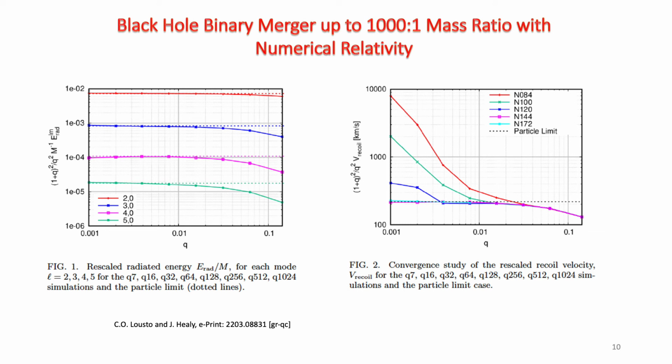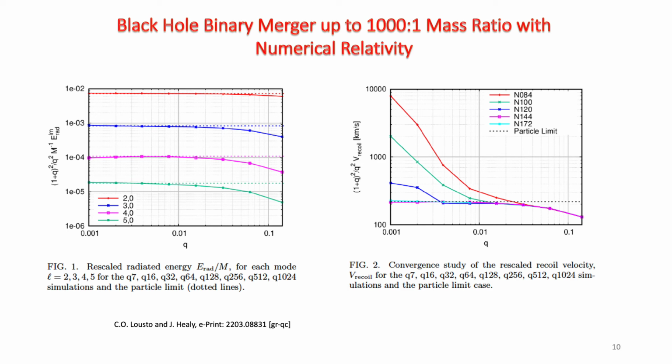We note the good agreement of the computed rescaled radiated energy with the corresponding particle limit as we approach smaller mass ratios for all the mode displays, L equal 2, 3, 4, 5. We did note that the approach to the particle limit may depend slightly on the L value. So the larger L value, you have to go to smaller mass ratios to reach the particle limit.